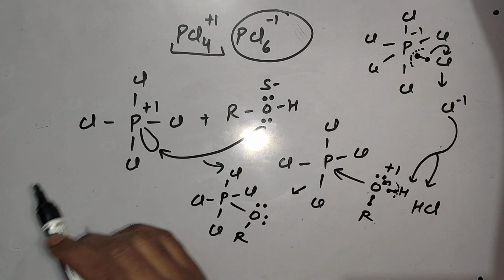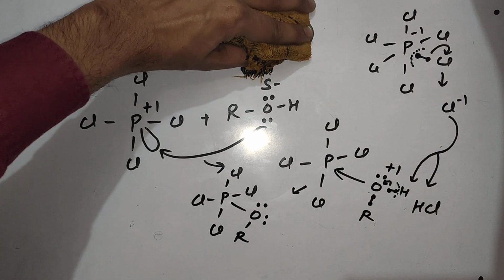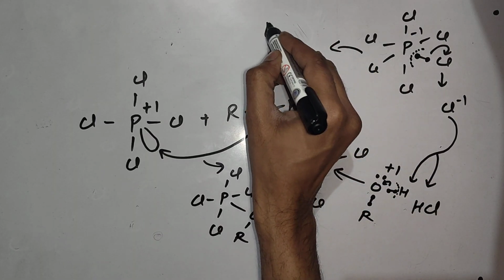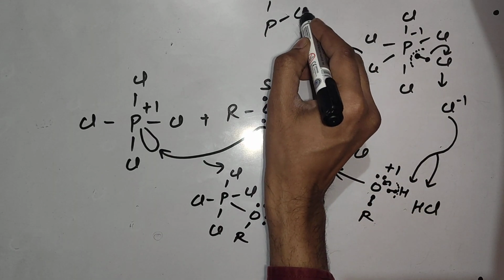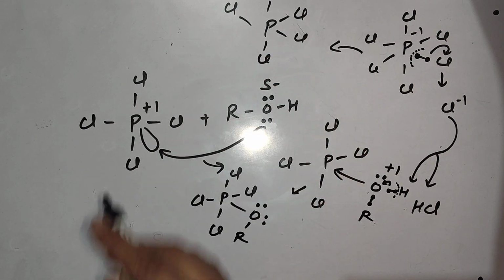HCl. And this molecule which was PCl6 negative will become PCl5, a neutral particle.